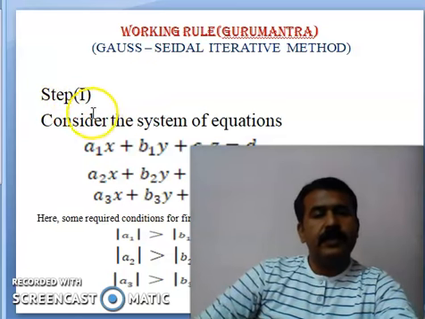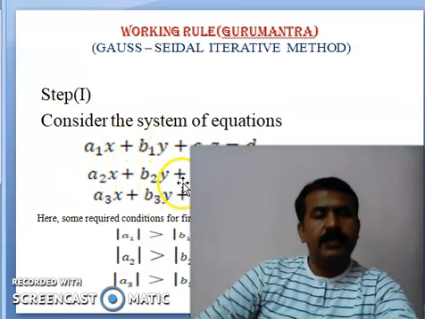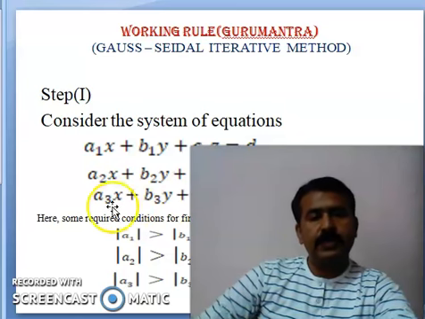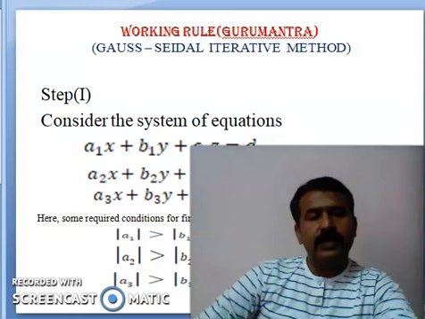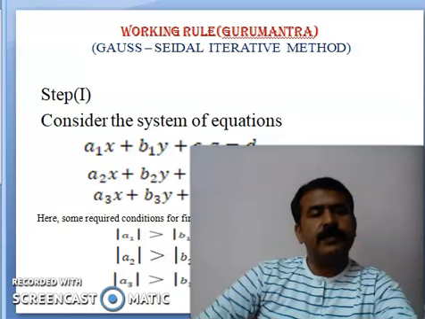Step 1: consider the system of equations a1x plus b1y plus c1z equal to d1, a2x plus b2y plus c2z equal to d2, a3x plus b3y plus c3z equal to d3. Some conditions are required for finding the values of x, y, z.